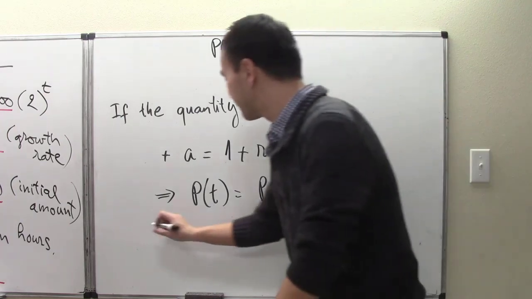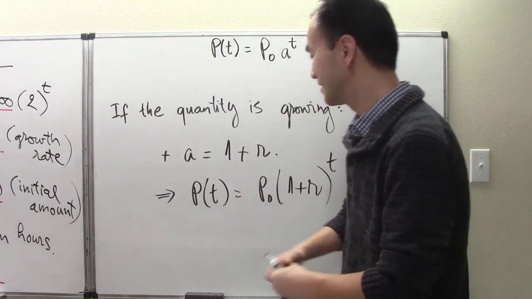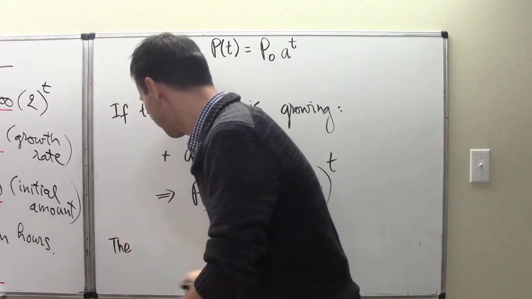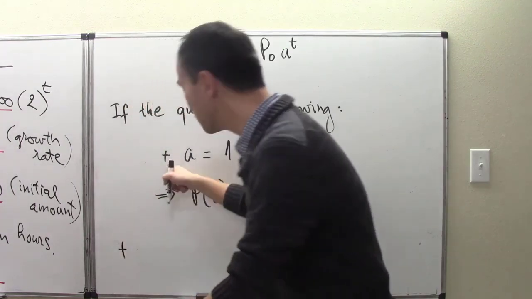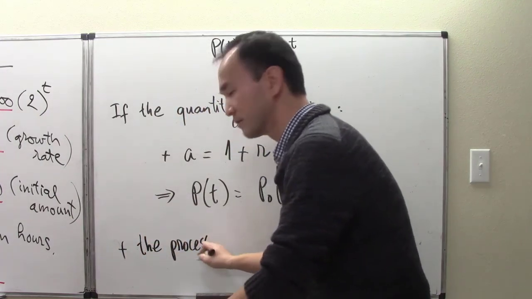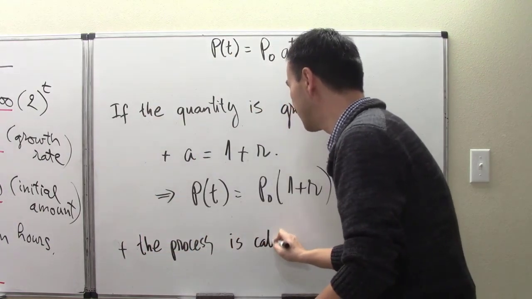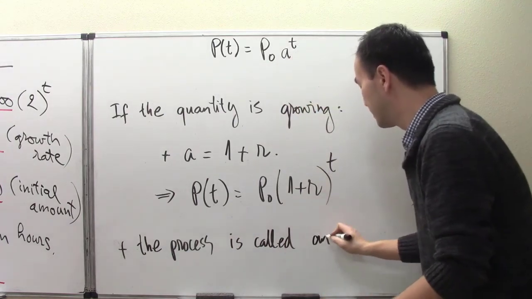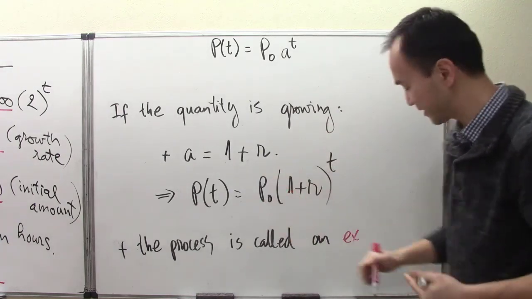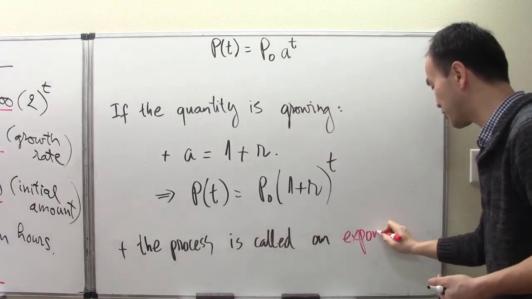And then in this case, if the quantity is growing, the process is referred to as, another bullet point, the process where the quantity is growing on its own is called an exponential growth, because we use an exponential function to model it.